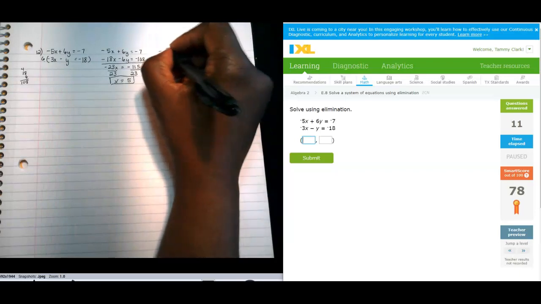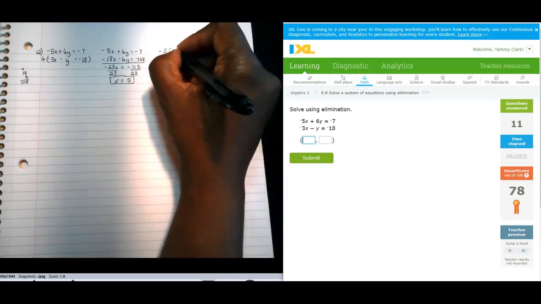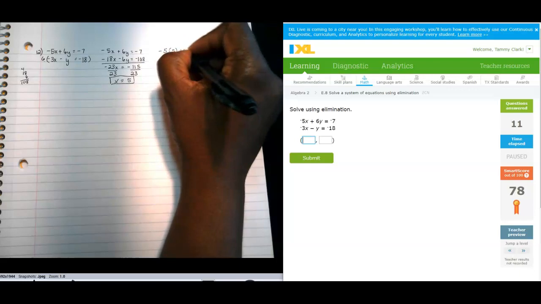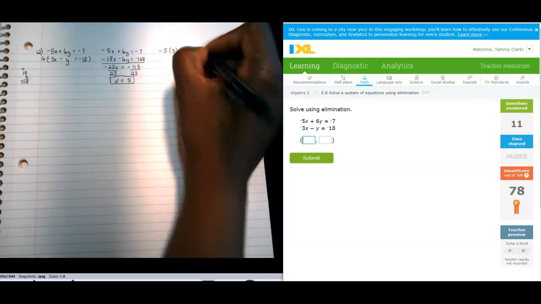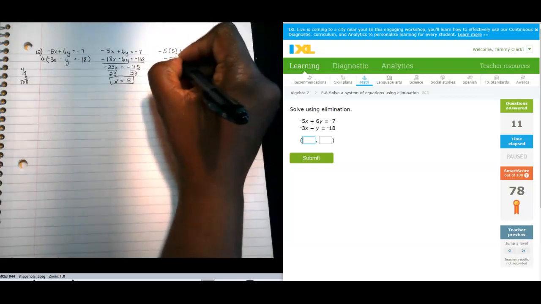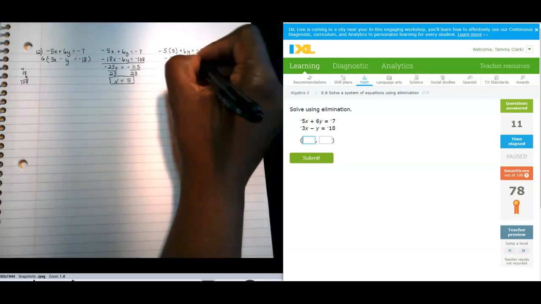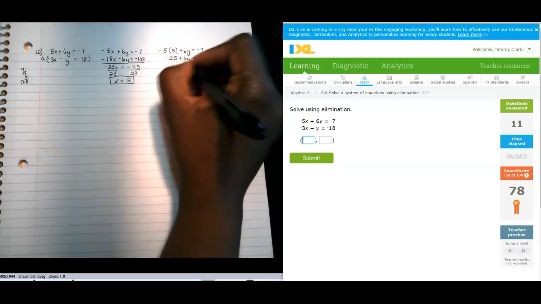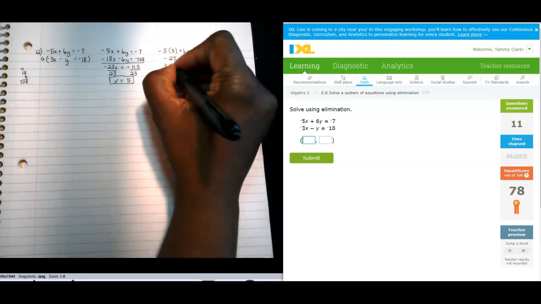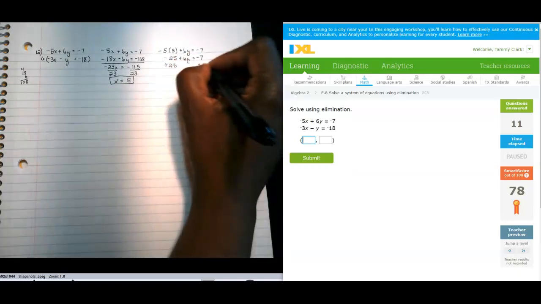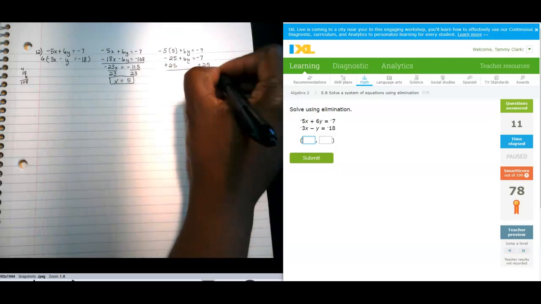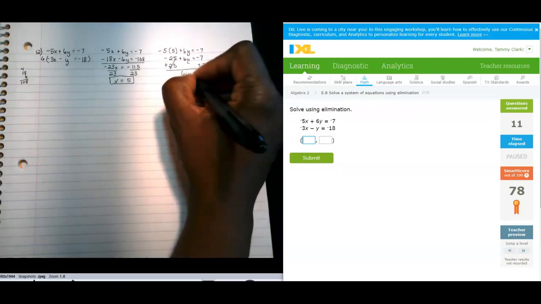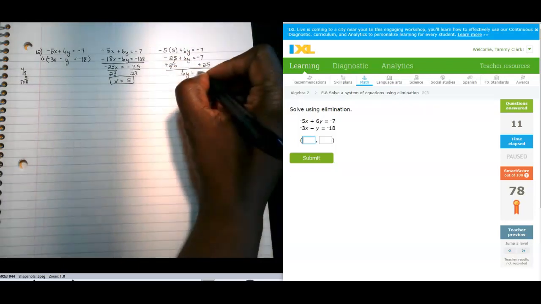I'll pick the first equation. Negative 5 times 5 plus 6 times y is equal to negative 7. We've got negative 25 plus 6y is equal to negative 7. We're solving for y, so we're going to eliminate 25 from the left side of the equation and add it to the right side. That 6y is equal to 18.